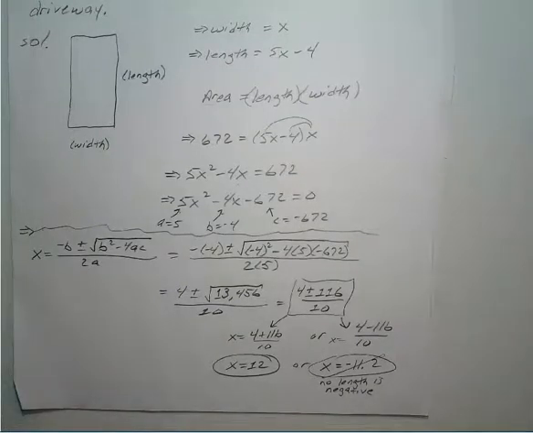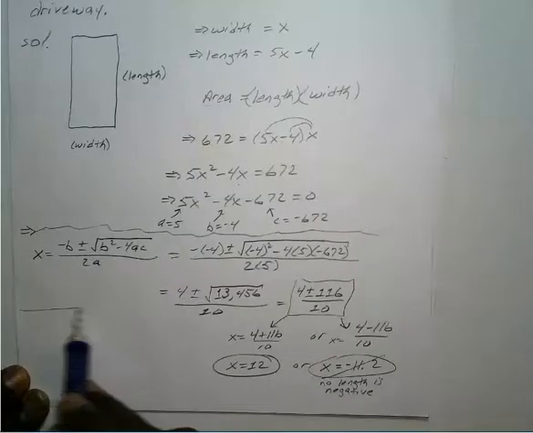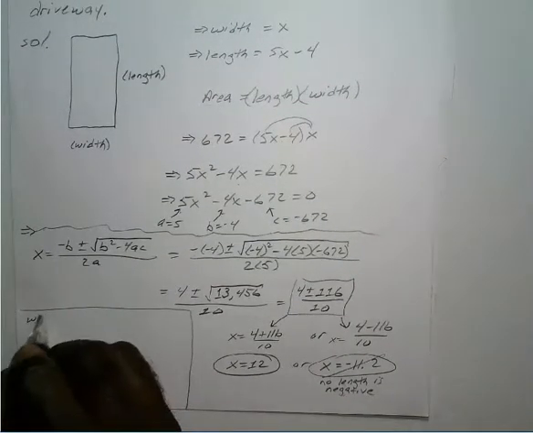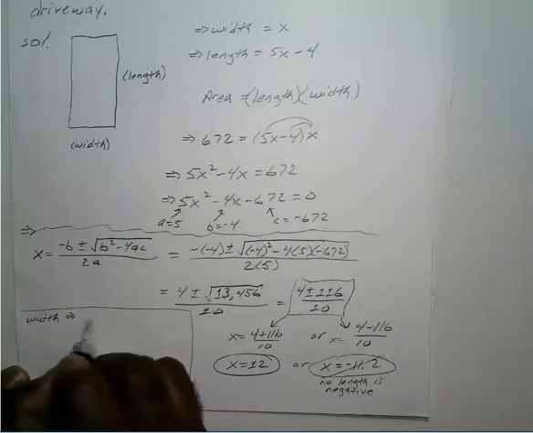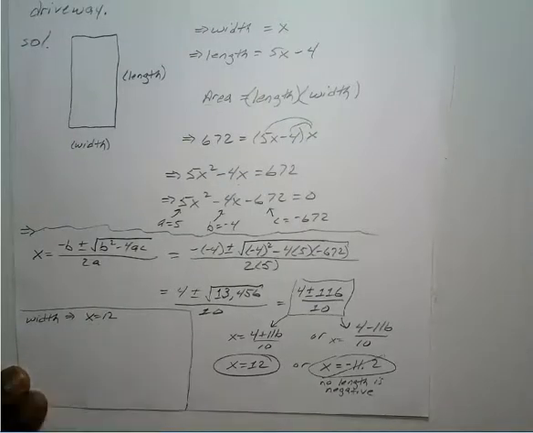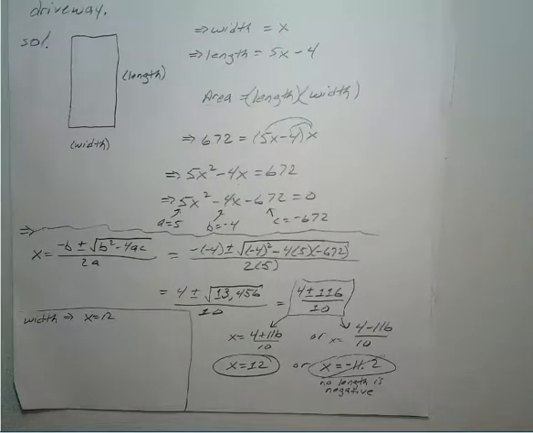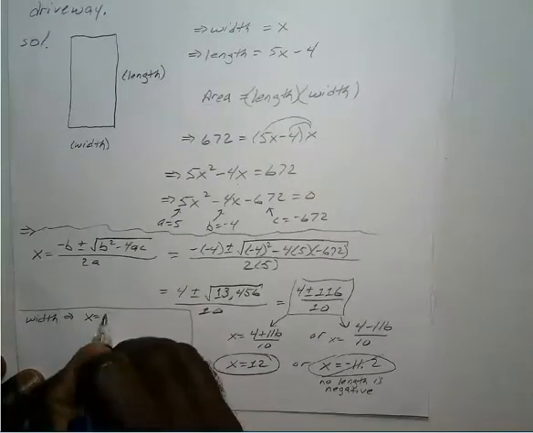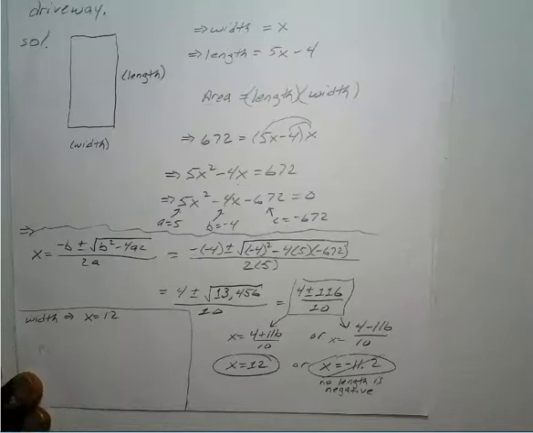Okay, so we have our x is equal to 12, which means we're like 99% done, because that just tells us the width. So the width is x equals 12. We still have to know our length.